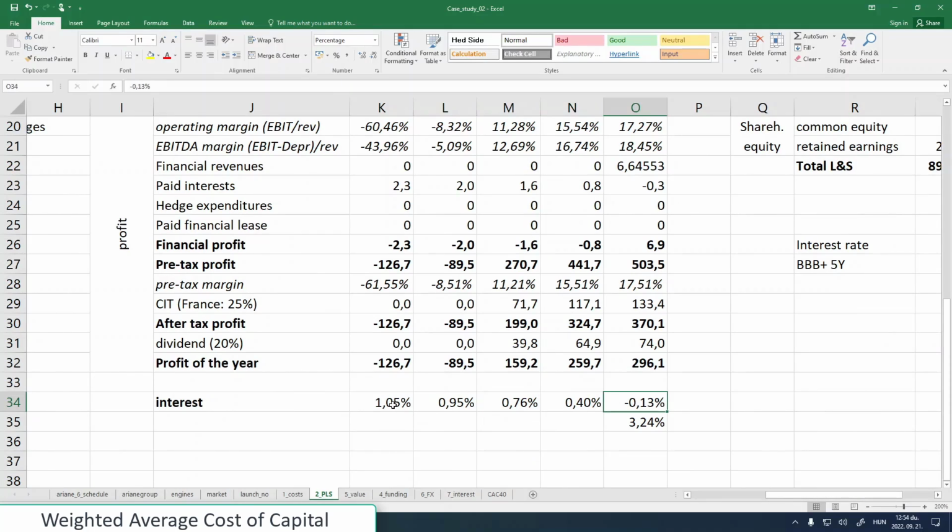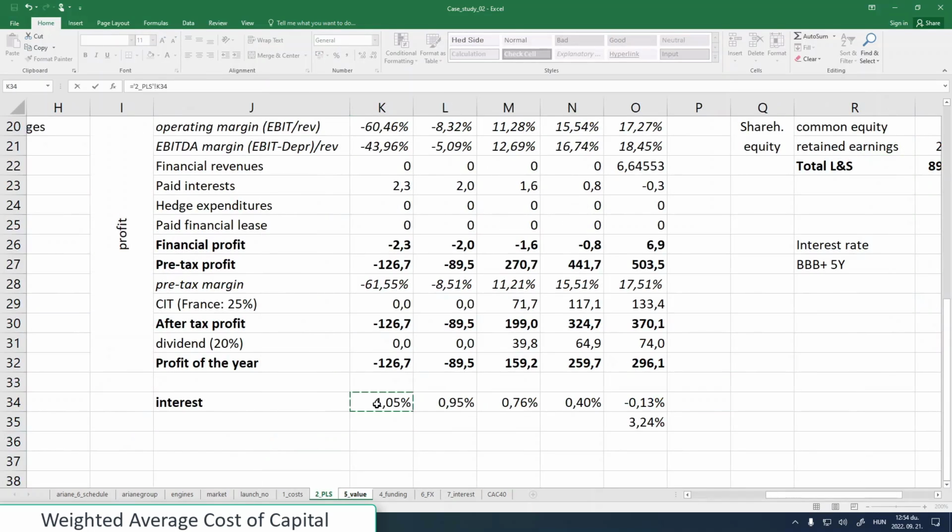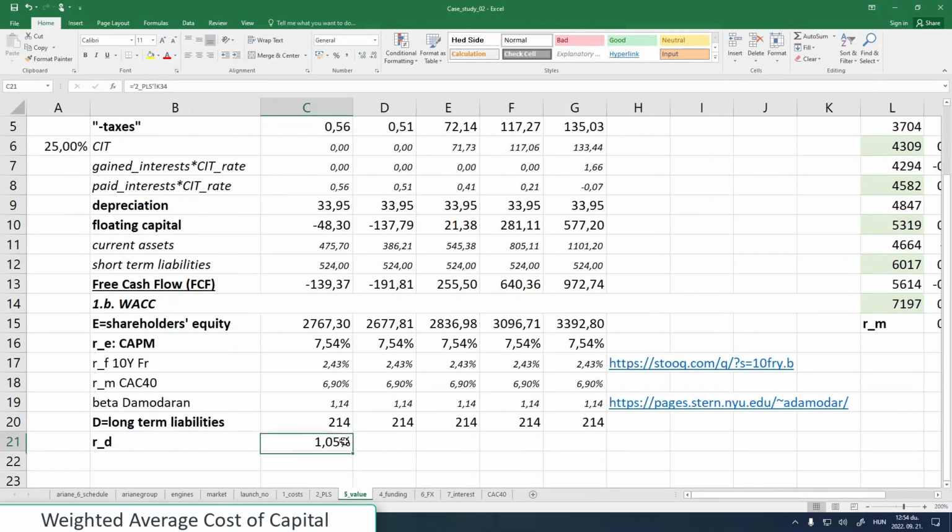So these are the official numbers, but should we update this now or just keep it this way? Well, let's keep it this way. It will be even funnier when we can see what is happening if we are increasing the interest rate. So it's not changing anything.